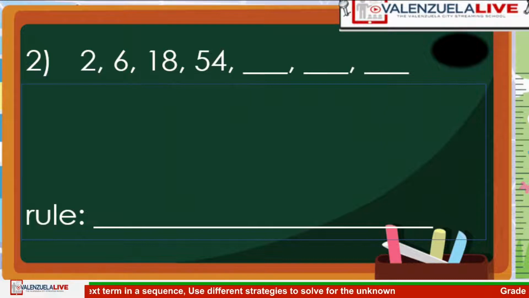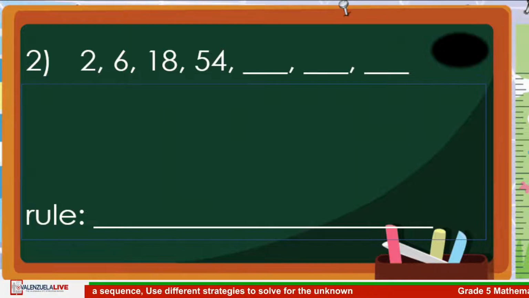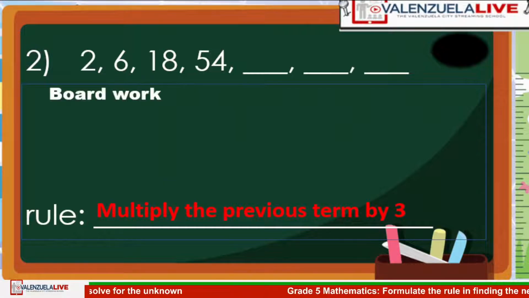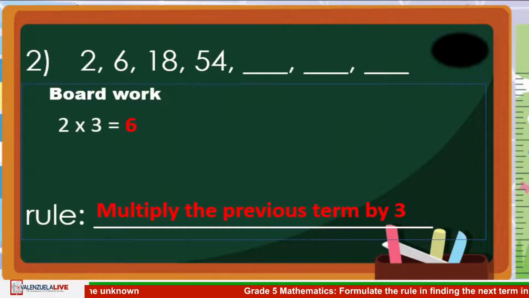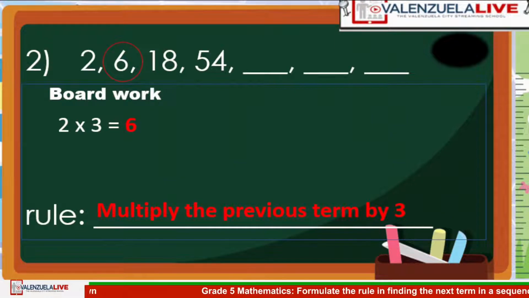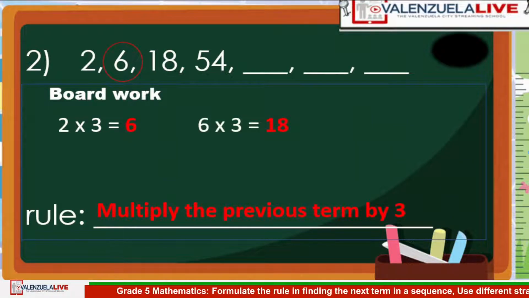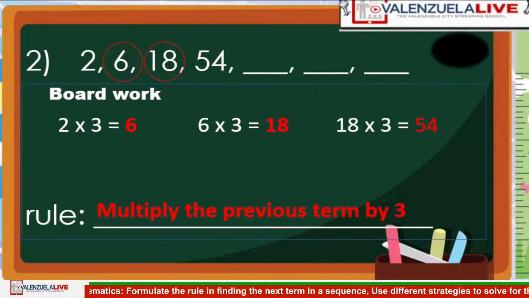What is now the rule? Very good. So the rule is you have to multiply the previous term by 3. Let's have the solution. So 2 times 3 is equal to 6. Then 6 times 3 is equal to 18. Then 18 times 3 is equal to 54.